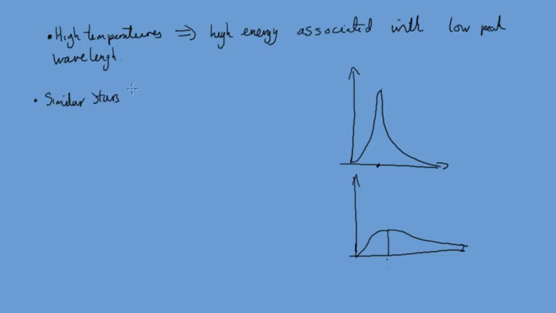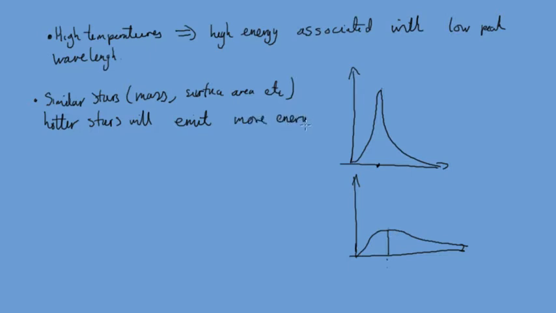Similar stars, i.e. mass, surface area, etc. For similar stars, the hotter the star will emit more energy than cooler stars, which is what you would expect.